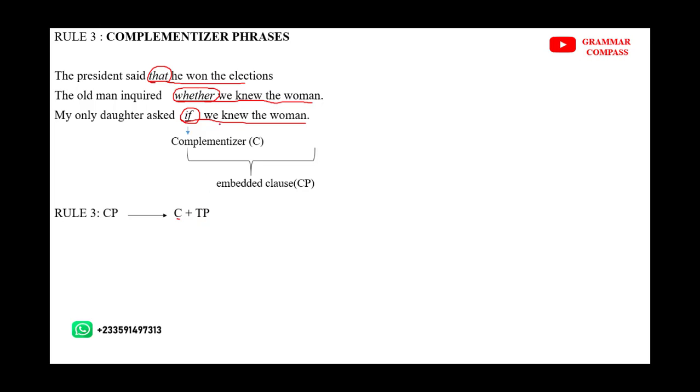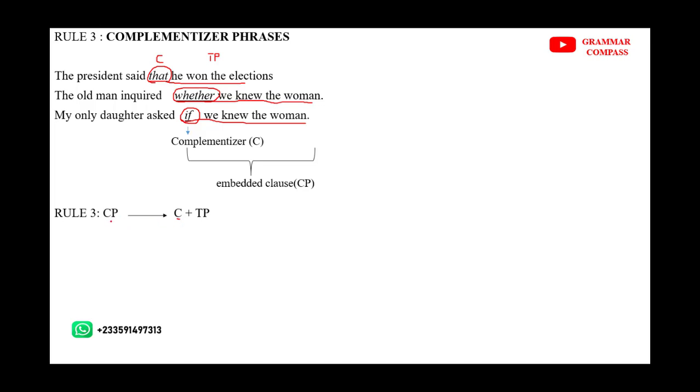These are some of the examples. A CP, that is a complementizer phrase, consists of a complementizer. Let us take the first sentence. First of all, this is a CP. It consists of a complementizer, that is that, and then another sentence, that is a TP. That is the meaning of the rule.